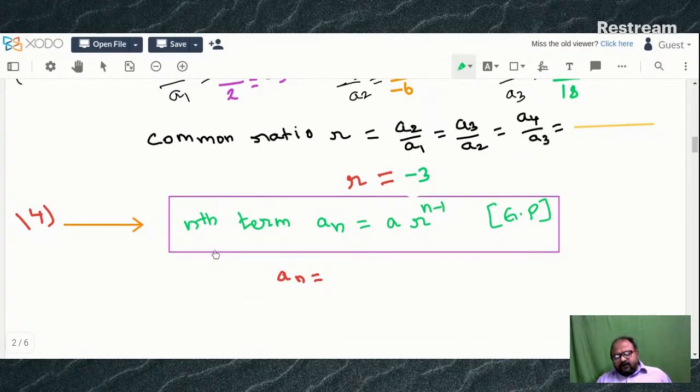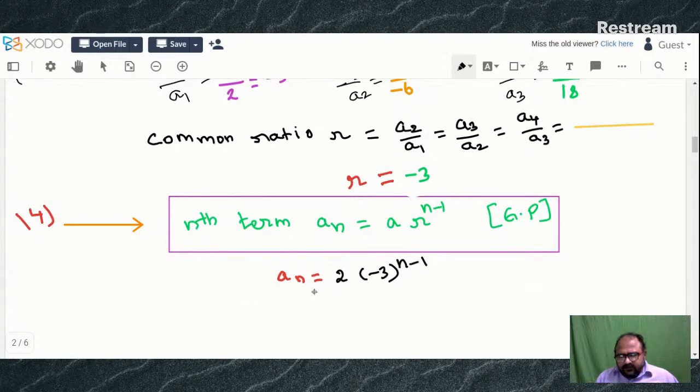Now what is the formula to find the nth term of a geometric progression? An equal to a multiplied by r to the power of n minus 1. Here the first term is 2. So now you can substitute this value 2 and the common ratio is minus 3. Now it is raised to the power of n minus 1.